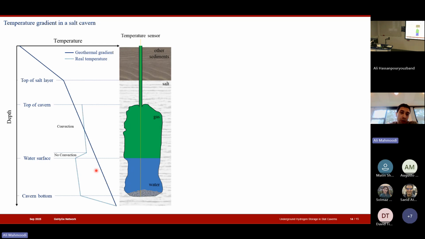So it's going to be much colder than the geothermal gradient. And on top of it, it cools down the gas, and so there's an area here where you expect no natural convection in the gas phase, and then there is where we expect natural convection.